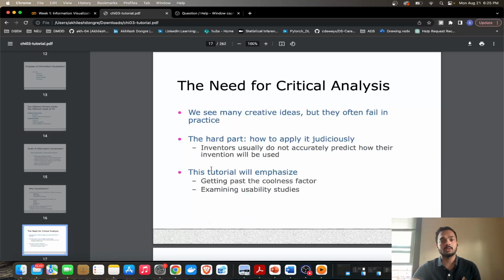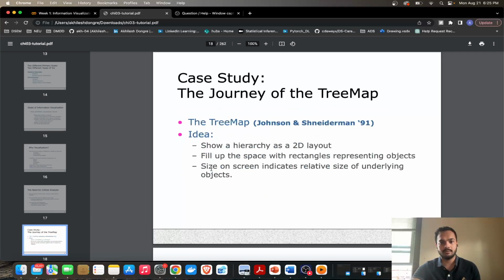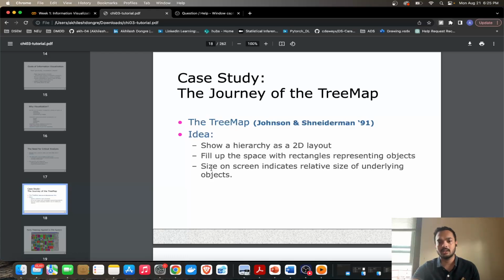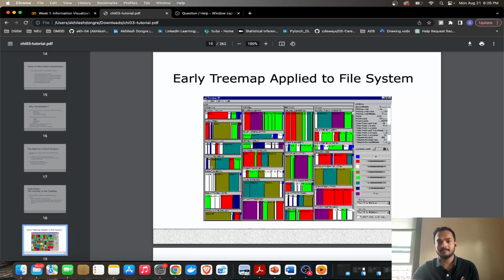Just wanted to go through what kind of tree maps and how. So tree maps are again a 2D layout. These are rectangles giving some kind of a hierarchy at the same time importance of the data, right?